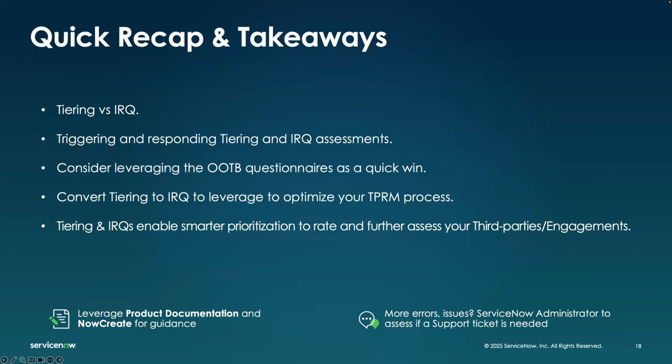We have also seen it is quite easy to convert your tiering to your IRQ to make sure you're optimizing your TPRM assessment processes. Finally, again, tiering and IRQ enables you to make smarter decisions to rate and further assess your third parties and engagements.